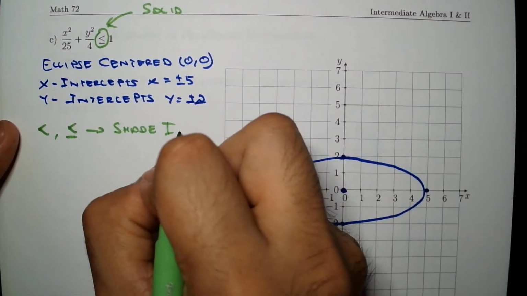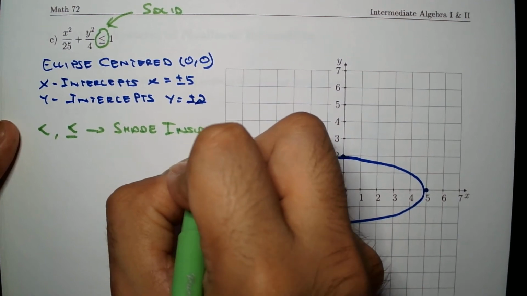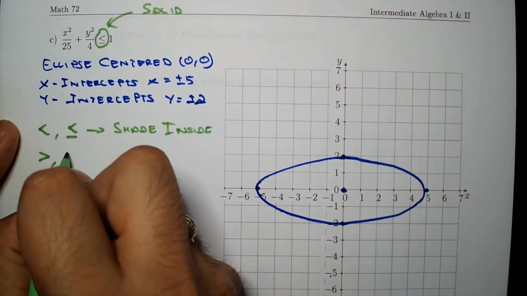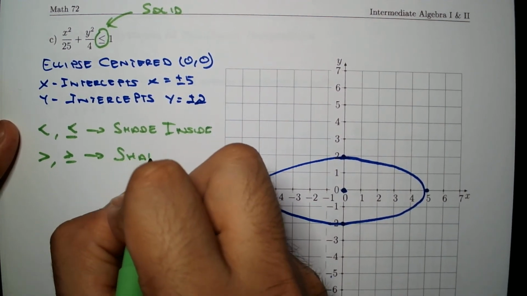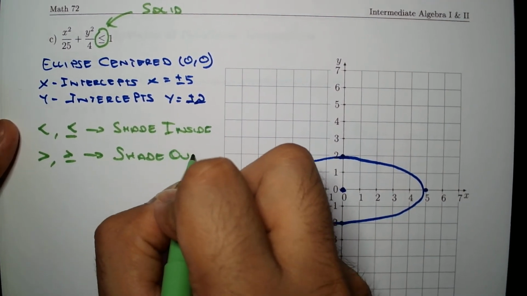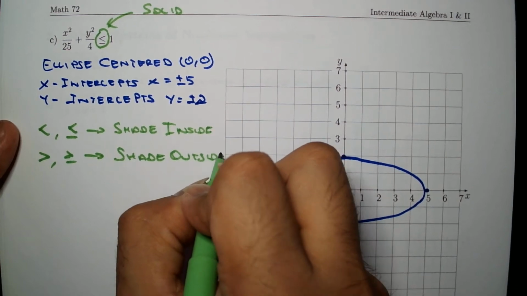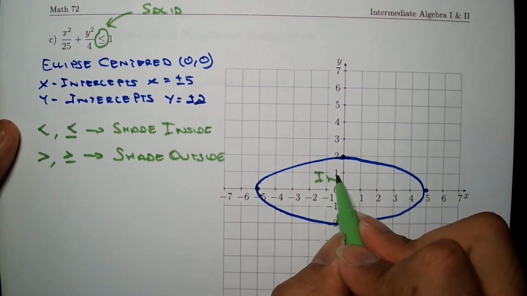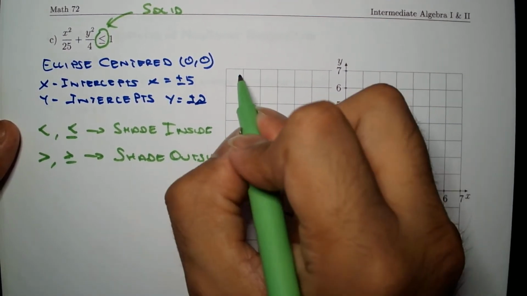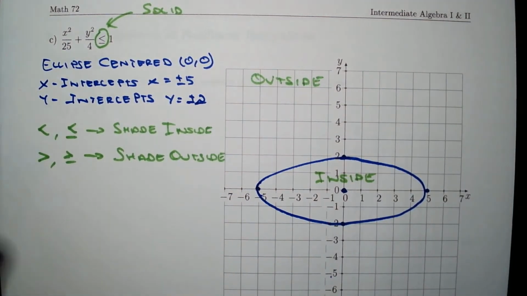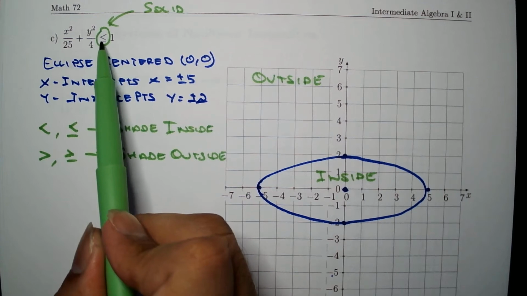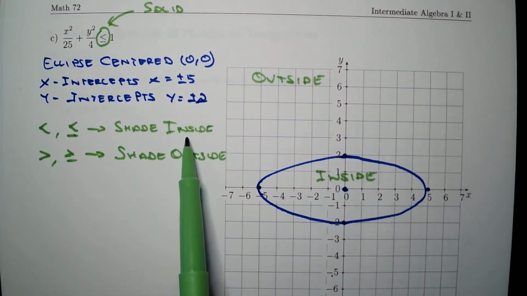Now, less than or equal, shade inside, just like the circle. And greater than or equal, then shade outside. So this is inside, this is outside. All right, well, because in this case we have the less than or equal, shade inside.